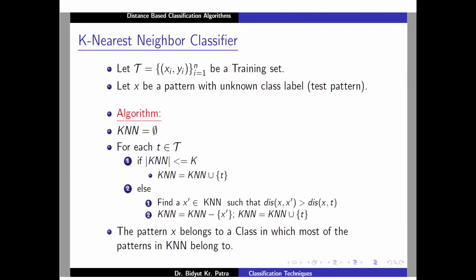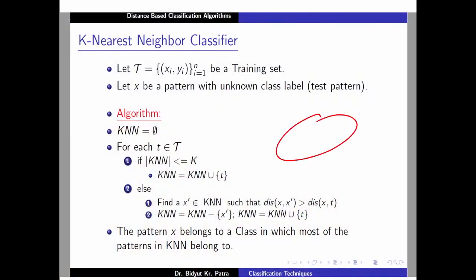The idea is very simple. I will explain it in detail maybe in the next class, but here I will just tell you the idea. What is the idea? In the earlier slide I said you find the closest point. Instead of finding the closest point, you find the k closest points, and you see the class distribution among those k points only.